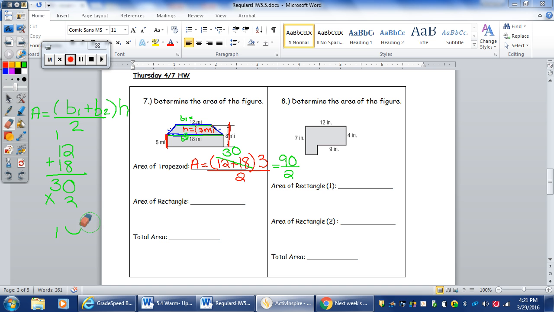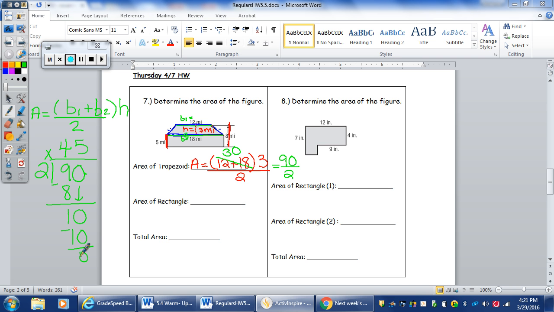So I'm going to erase this. And now I can see that 2 goes into 9 4 times, because 2 times 4 is 8. And then 2 goes into 10 5 times.